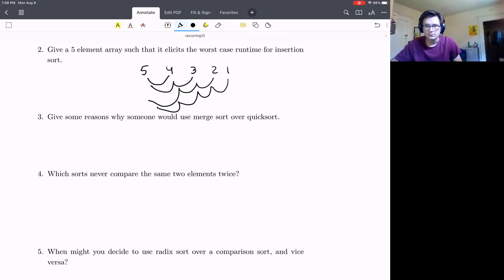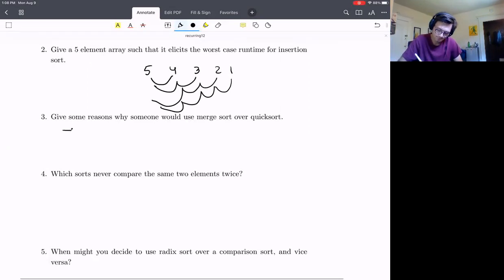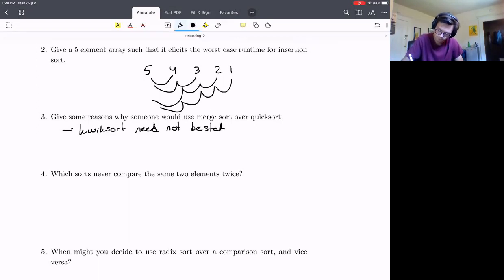Okay, some reasons you would use merge sort over quicksort. One is quicksort need not be stable. It's not guaranteed to be stable. I talked about this earlier in the videos.